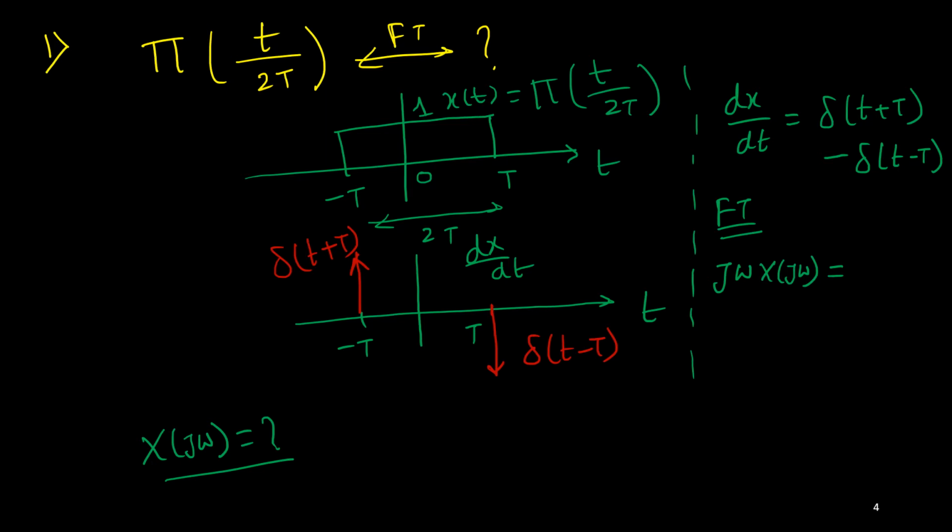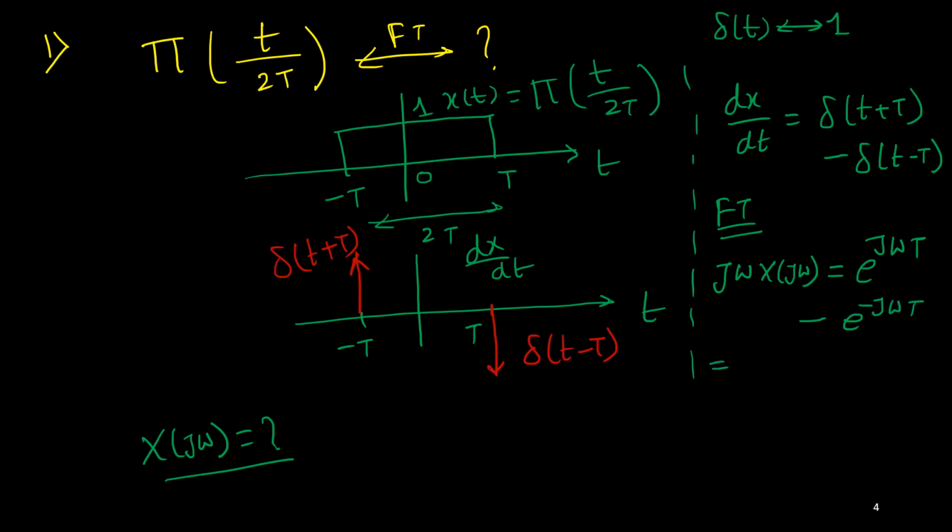We understand that the Fourier transform of delta t is 1. So delta of t plus capital T will have a phase shift, positive, a phase advance, so it is e to the power j omega T. That thing we discussed in our previous lectures. Please follow the previous lectures. And this one is a time delay corresponding to a phase delay, and it has a negative sign, so minus e to the power minus j omega T.